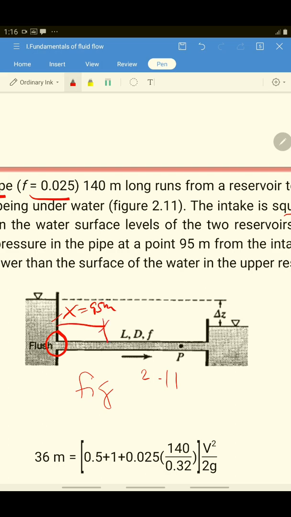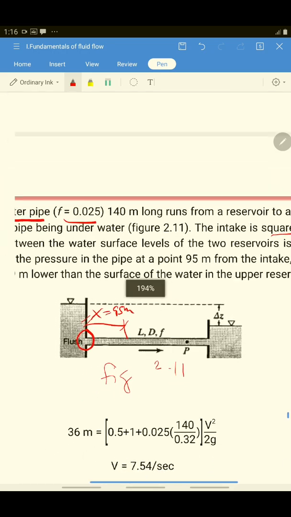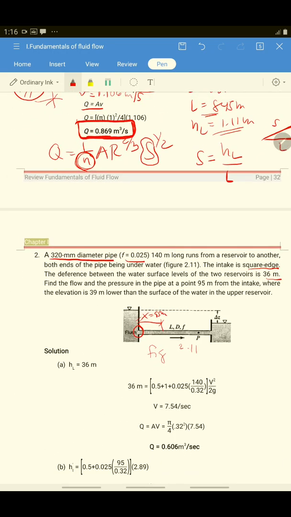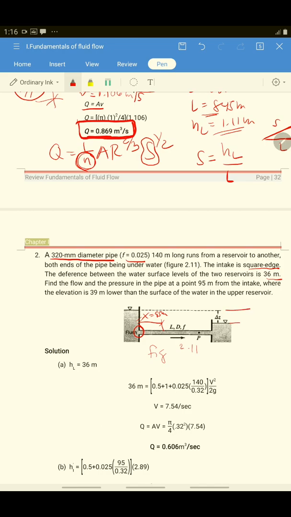So here, if that is the distance, where the elevation is 39 meters lower than the surface of the water from the upper reservoir. So here your delta Z is 39 meters.